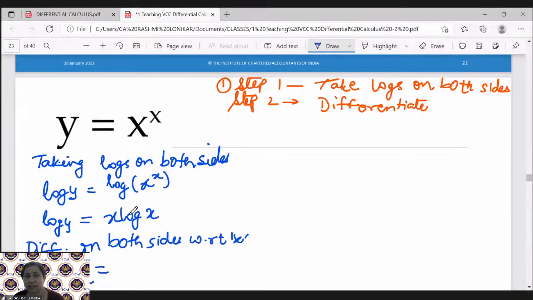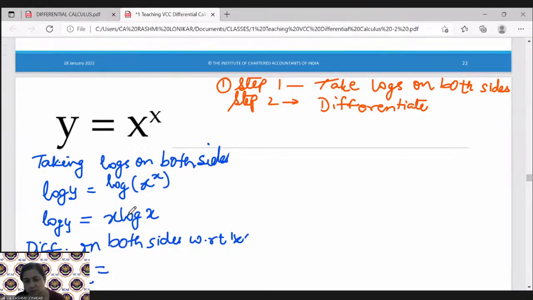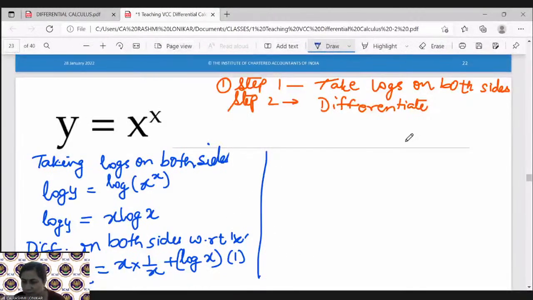Here I have to use the multiplication rule. So first function into derivative of second function, that derivative of log x is 1 upon x, plus second function log x into derivative of first function. Derivative of first function x is 1. So what do I get?